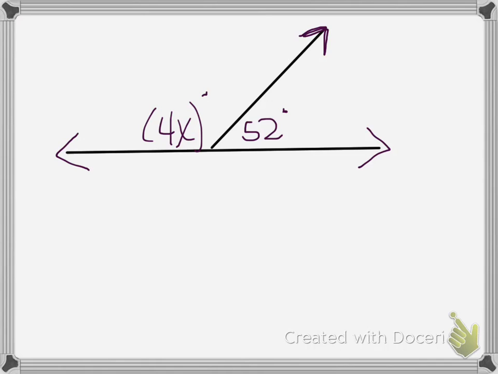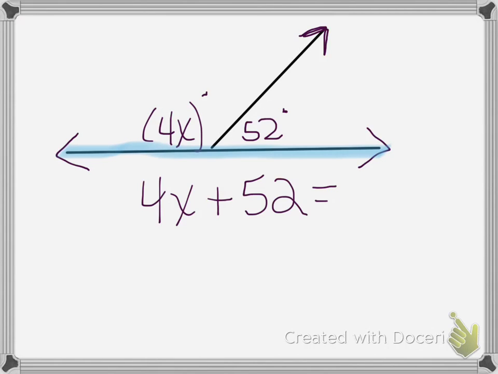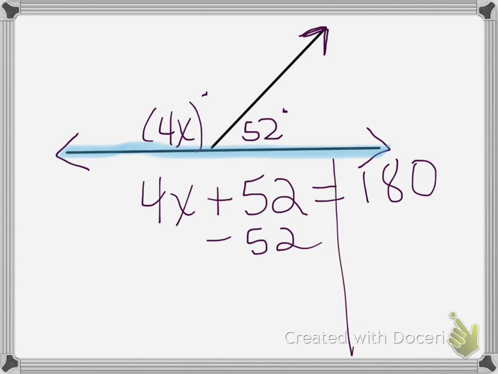Alright, draw this example on your page, and let's look at trying to find what the missing angle is. Well, we can look at this as a straight line, and I know that a straight line, the two angles together add up to 180 degrees, so I can set up an equation. 4x plus the 52 has to equal 180 degrees. Minus 52, left side, right side, minus 52.